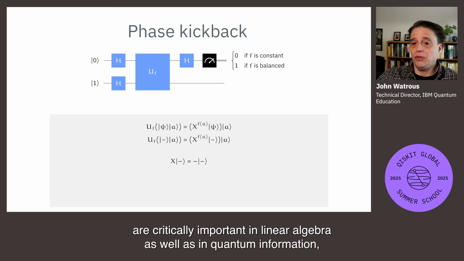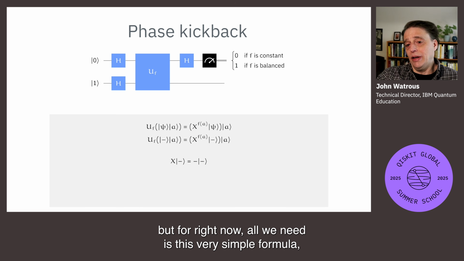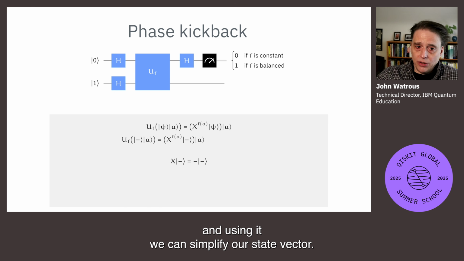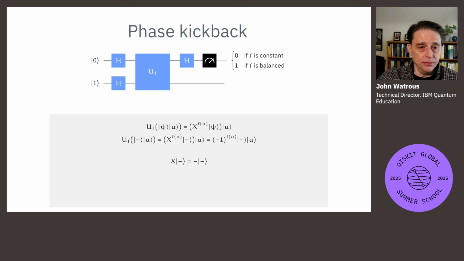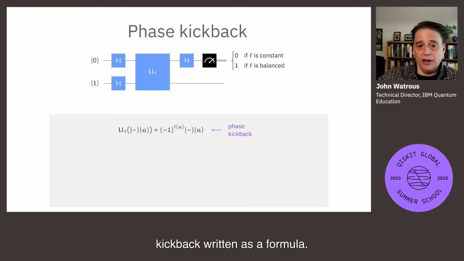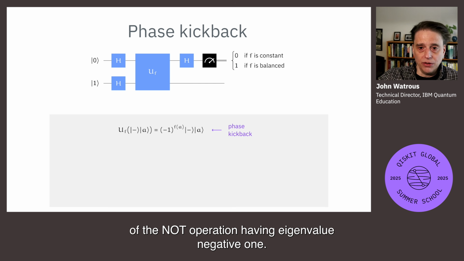Eigenvectors and eigenvalues are critically important in linear algebra as well as in quantum information, but for right now, all we need is this very simple formula. And using it, we can simplify our state vector. And that right here is essentially the phase kickback written as a formula. It works because the minus state is an eigenvector of the NOT operation having eigenvalue -1.